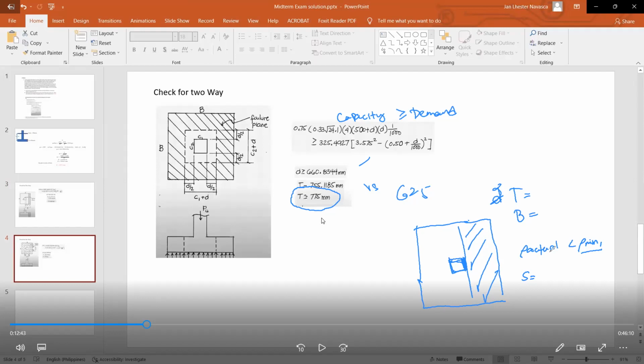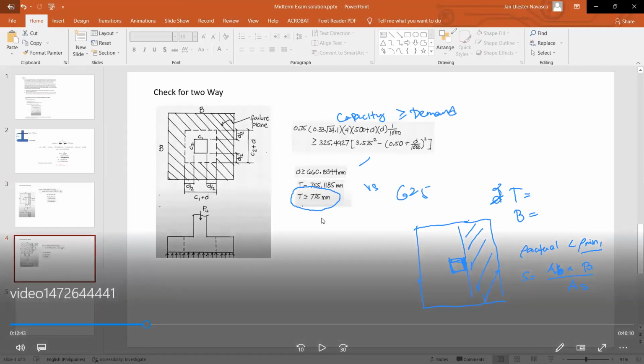Okay, so basically para lang siyang AB times the width B over the AS, tamang AB, multiplied by B times AS over AS. So that is your spacing. Okay, so that is how you solve for the problem 1.